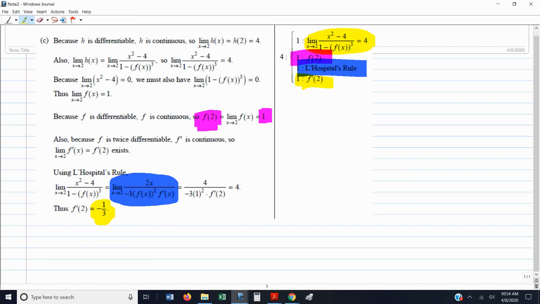I'm going to just point out a little bit more of the nuance that they have in the rubric if there is anyone interested in listening to that. So I would say that we had the first sentence, right? We did that. Then they stated, this is them stating that the limit as x goes to 2 is h of x, and then they're just writing it with the formula.